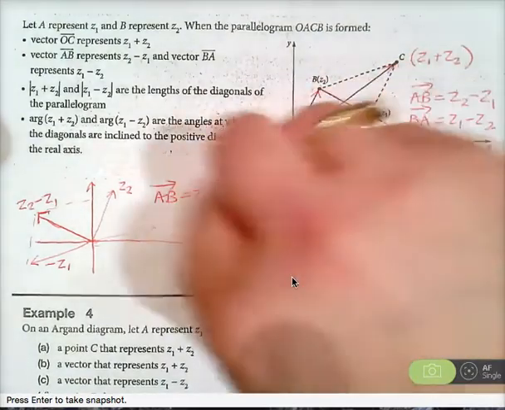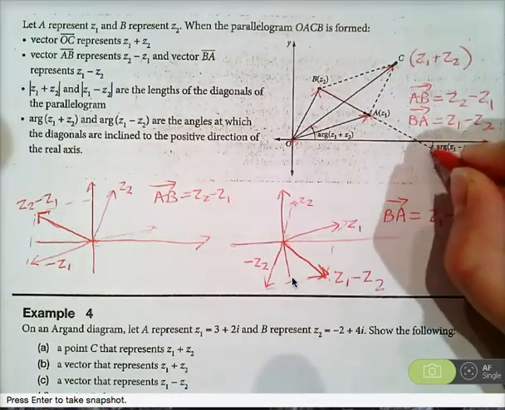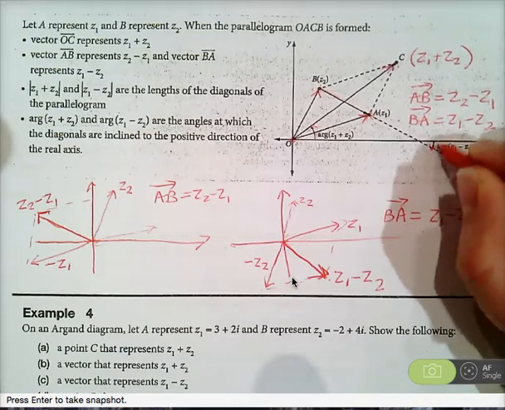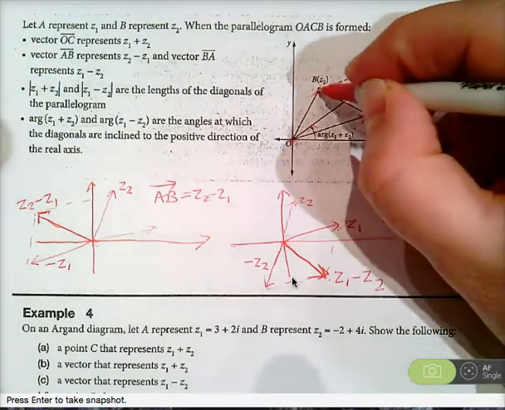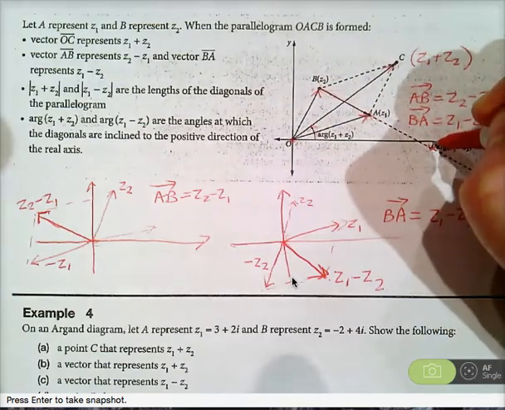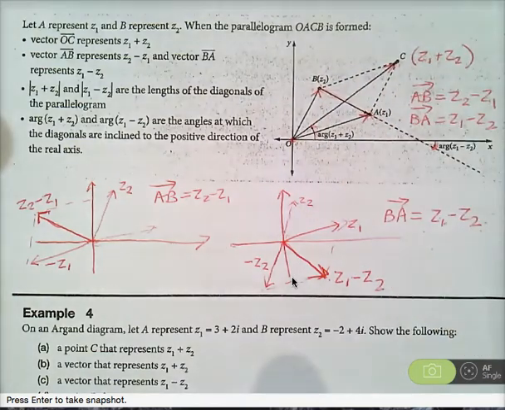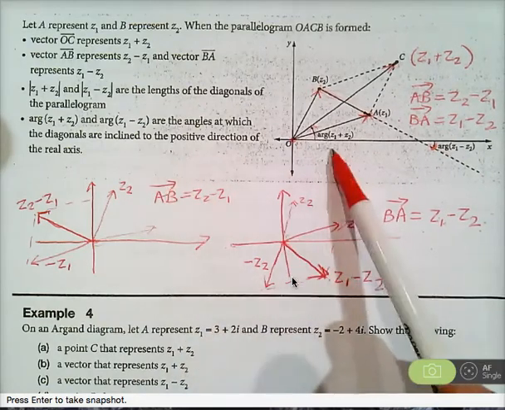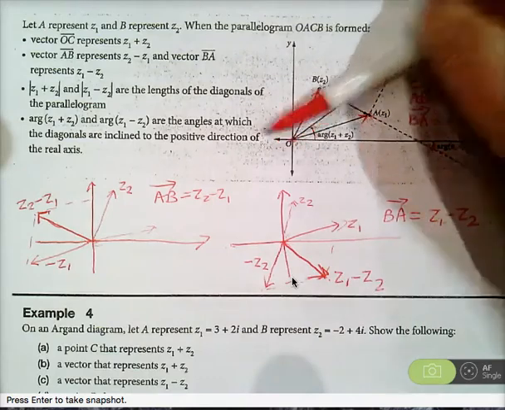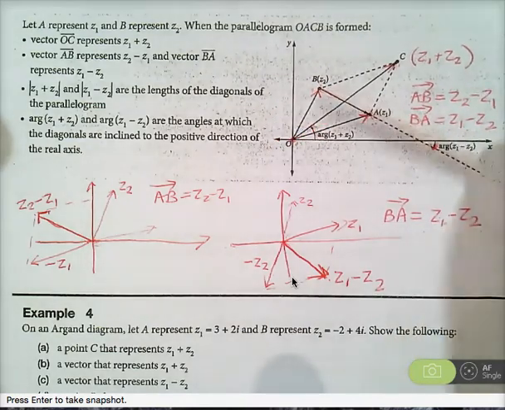So it's this angle down here, because we can't cross the x-axis down here. So just extend this line down here, and this bit down here is the argument of Z1 minus Z2. So therefore, these arguments give you the angles at which the diagonals are inclined to the positive direction of the real axis. The first one's going anti-clockwise and the other one's going clockwise, okay? Because arguments must go between 0 and pi, or 0 and minus pi, okay?